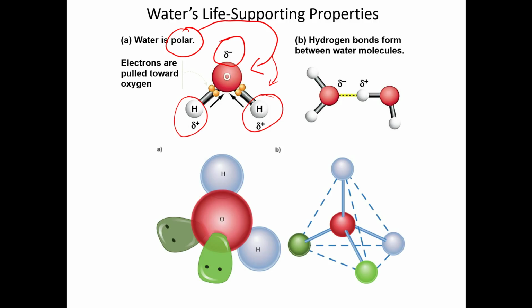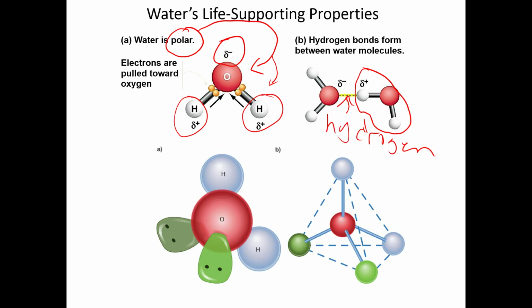Water is able to form hydrogen bonds with other water molecules. You have an oxygen atom interacting with a hydrogen on another water molecule through a type of chemical bond called a hydrogen bond.